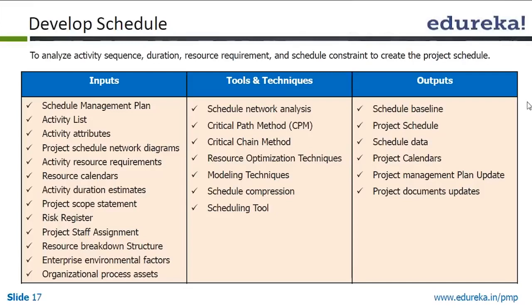Schedule network analysis, critical path method, critical chain method, resource optimization techniques, modeling technique, schedule compression and scheduling tools are the tools and techniques. Schedule baseline, project schedule, schedule data, project calendar, project management plan updates and project document updates all become outputs of the develop schedule process.